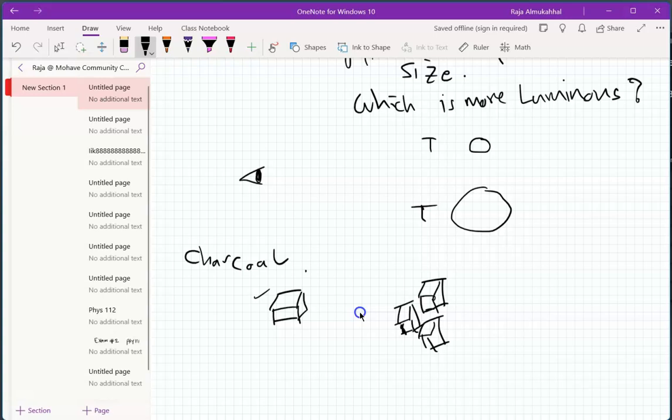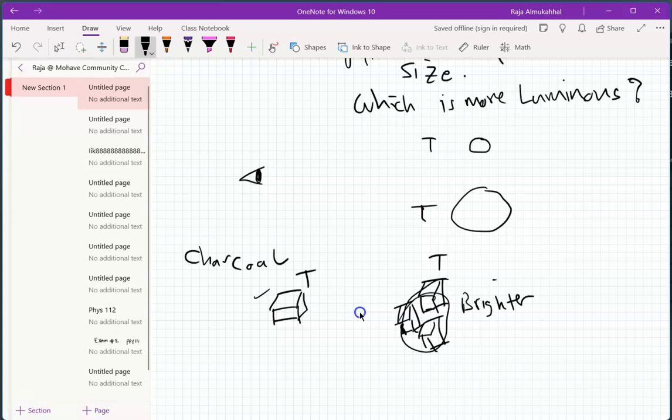Both of them have the same temperature, obviously, because they came from the same barbecue, if you will. But because there are three of them here, they will be brighter. Make sense? Brighter than one, even though they have the same temperature. So with this idea in mind, what information can I get to find the size of that object that is brighter?